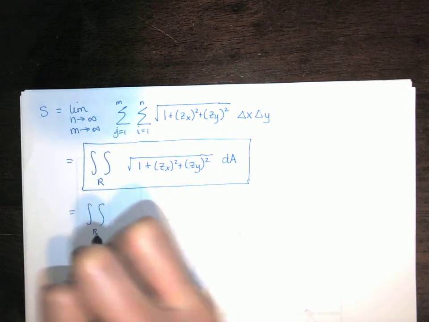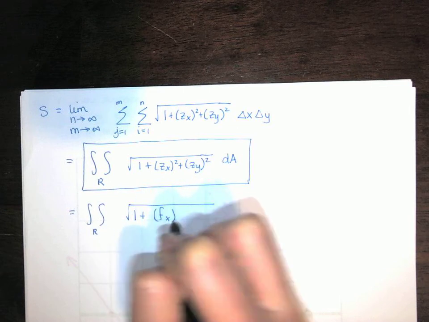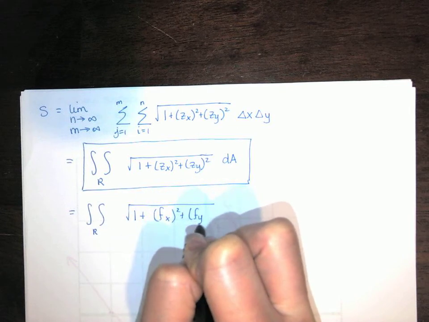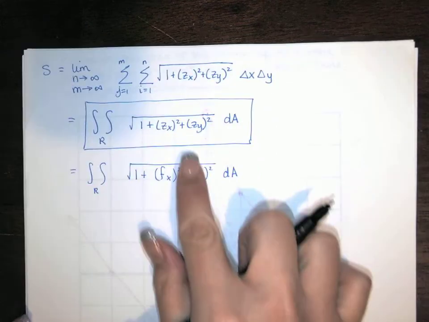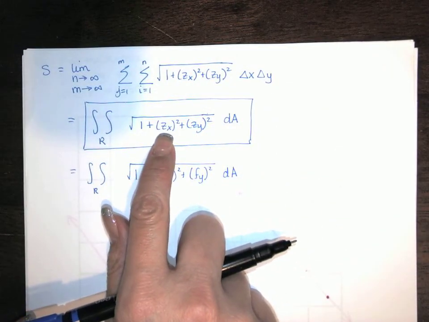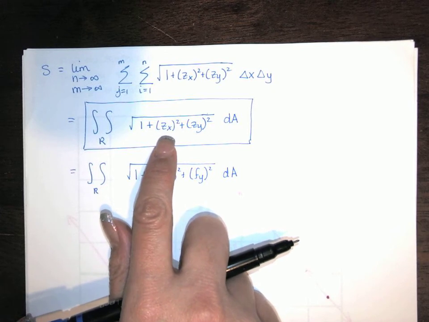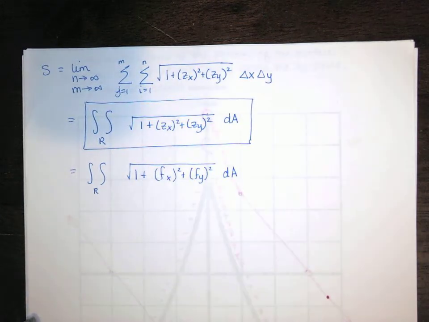You could also use this version. It means the same thing. If z is given by f of x, y, you could do this. But I like to write it this way because it makes it very clear that I'm taking the function z, which depends on x and y, and I'm taking its partials with respect to x and y, and I substitute those in.